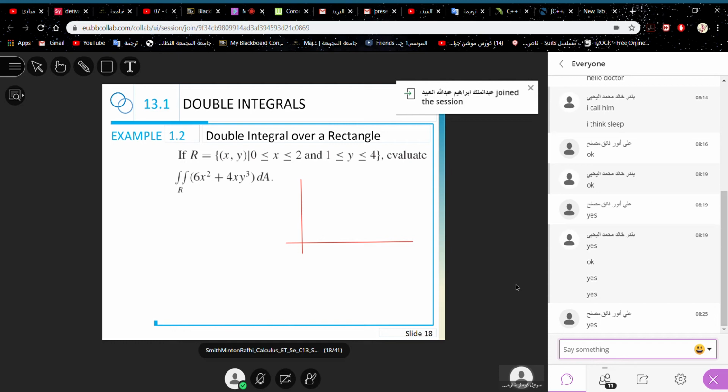You can see this is your x equal to 0 here. This is x equal to 2.